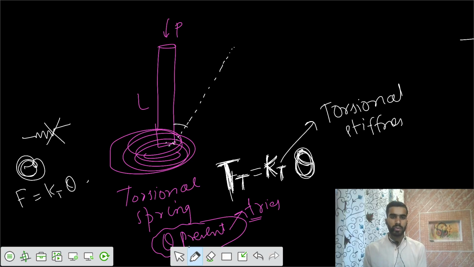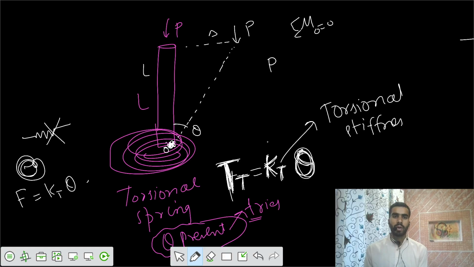Say point P has reached here, and there is some delta developed for the length L. If I write the summation of moments about this point O equal to 0, I would write P into delta should be equal to Kt times theta.